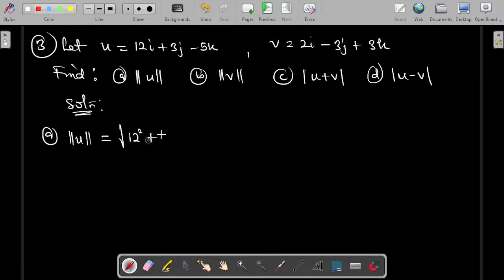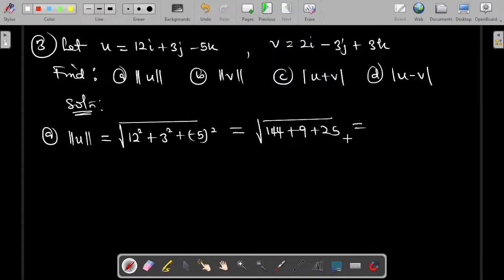So 12 squared plus 3 squared plus minus 5 squared. And that is going to be equal to the square root of 12 squared, which is 144, plus 9 plus 25, which is 34, so the square root of 178, if I am correct. Okay, Rejoice already gave us an answer. That's beautiful. That's for number 1.